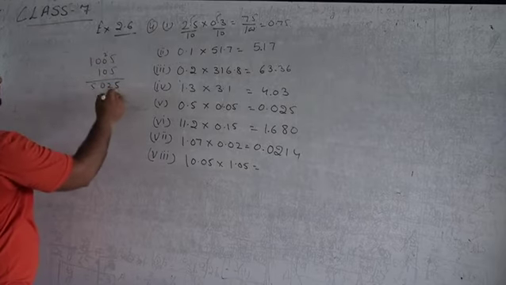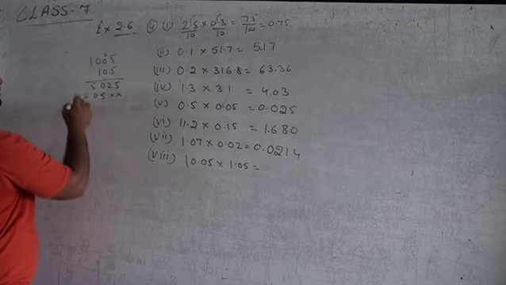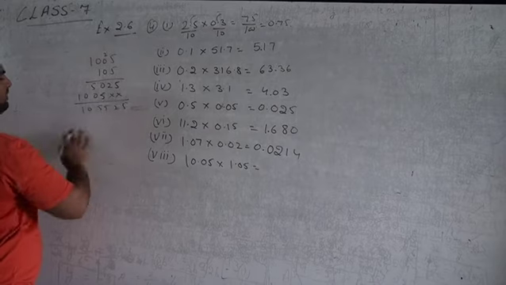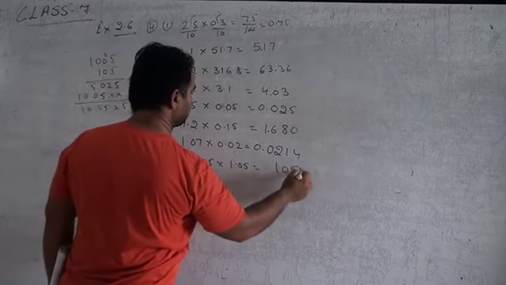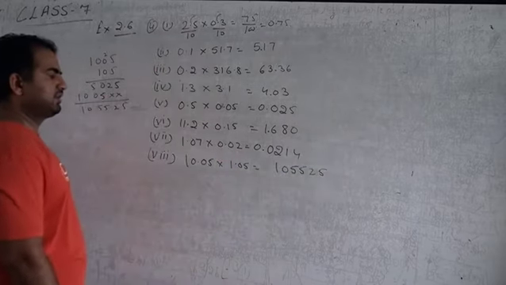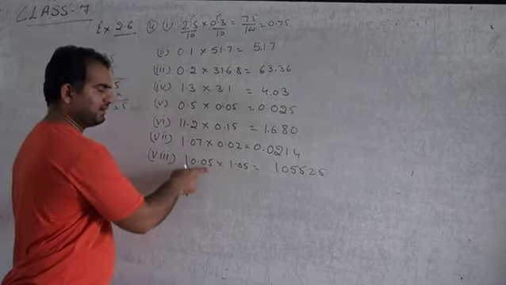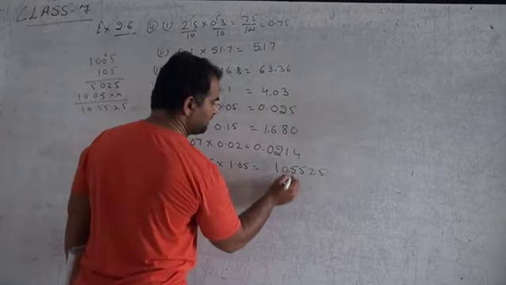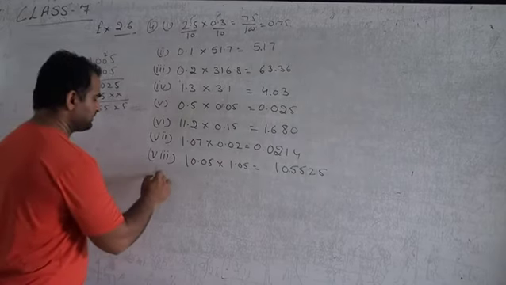The answer is 105525. Okay. So after how many digits do we have to place the decimal? 1, 2 and again 1, 2. So the total will be 4. So the answer will be 10.5525.